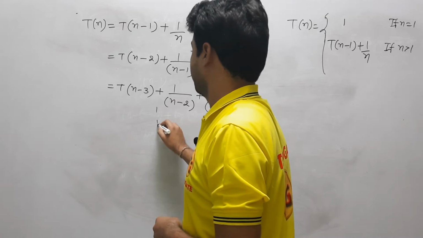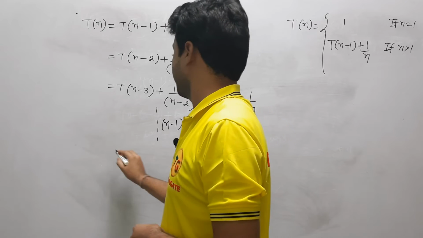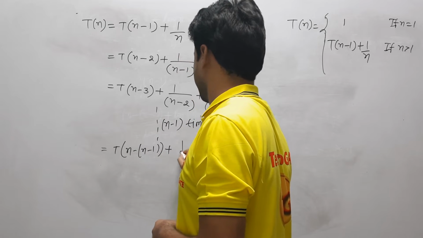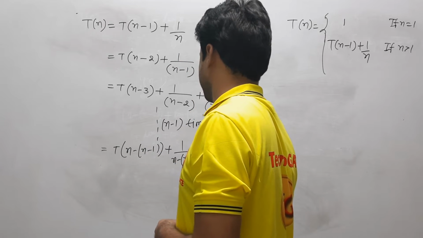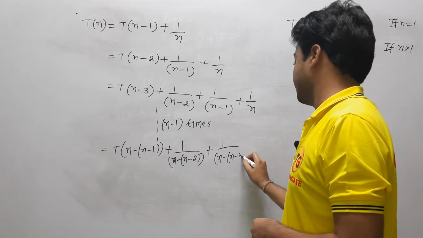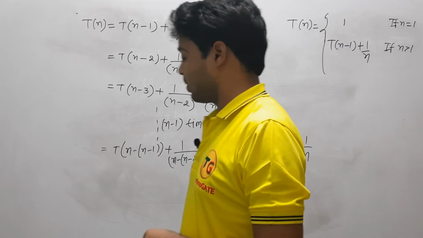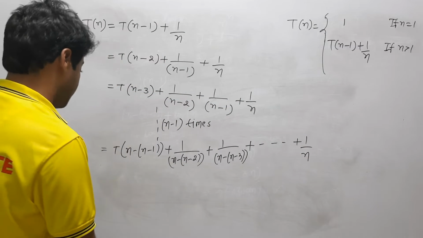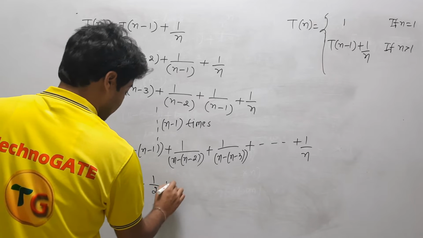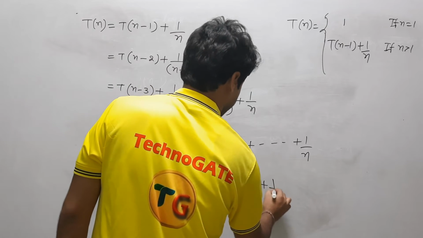So after n minus 1 times, what will happen here? T of 1 plus 1 upon 2 plus 1 upon 3 up to plus 1 by n.